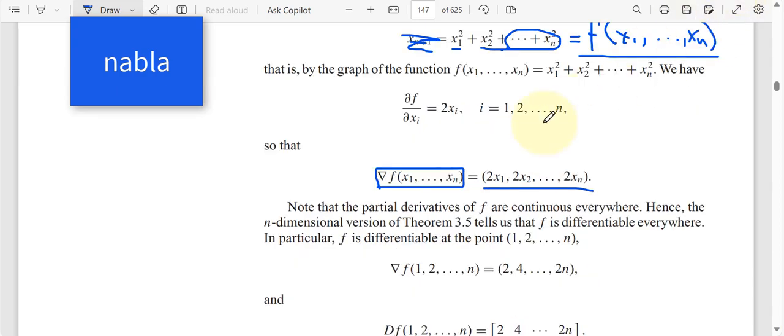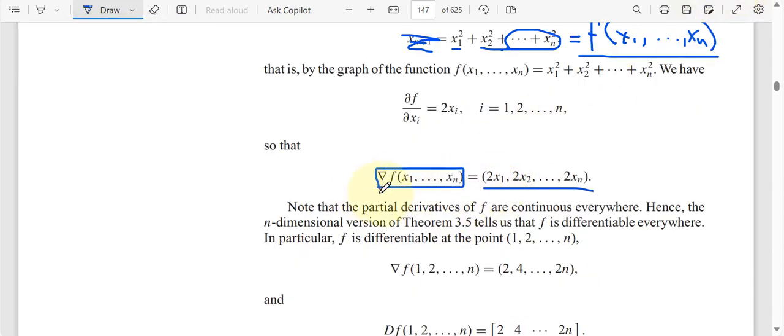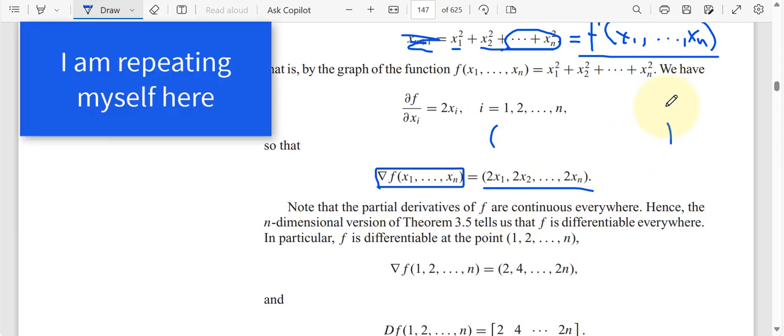Nabla. So we could ask, what's the gradient of f at a particular point in this n space? We have x sub 1, x sub 2, up to x sub n. So we could say, for example, when x1 is 2, x2 is 7, x3 is 8, and all the way up to xn is like 4, something like that.